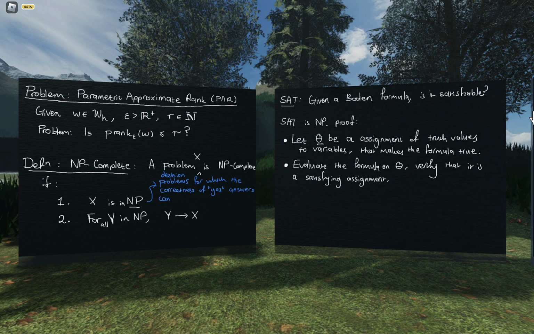So this step only takes polynomial time in the size of the formula, because you only have to process each part of the formula once as you're working your way through the formula to get the answer.